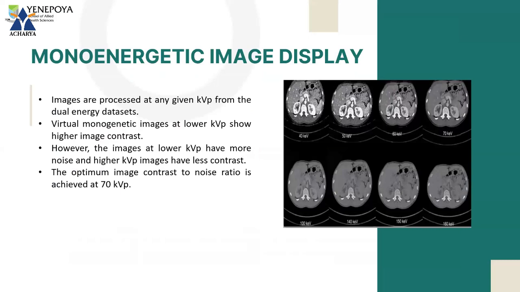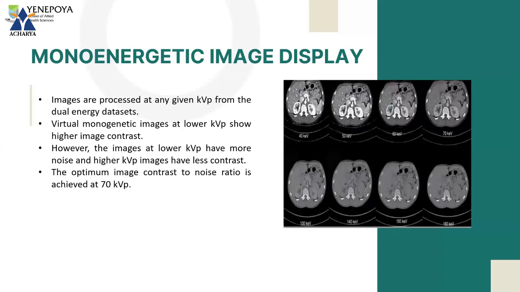Usually what happens is that the processing takes place for both the kV sets. So you will be acquiring the images at both higher kVp and lower kVp. You process both the data, and then in post processing you collect the data at different keV levels, that is 40 keV, 50, 60, 70, 100.